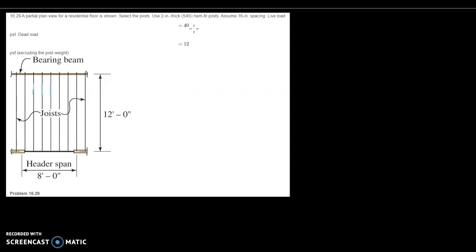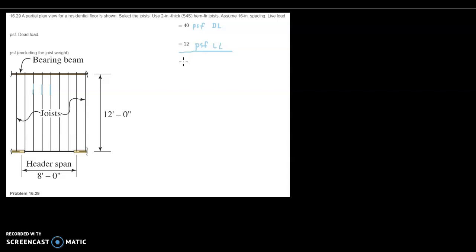So we are given a 40 pounds per square foot dead load. It's just kind of formatted strangely here in my ebook, so I'll just write the units up here. Pounds per square foot dead load and 12 pounds per square foot live load.